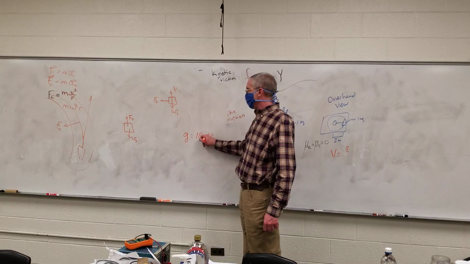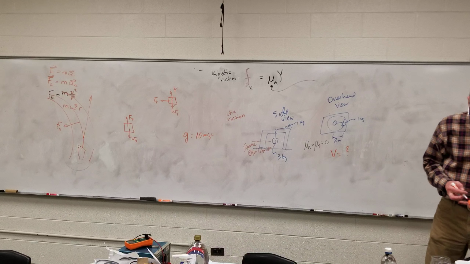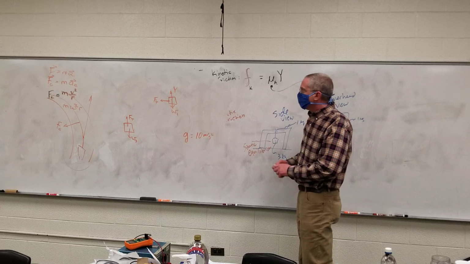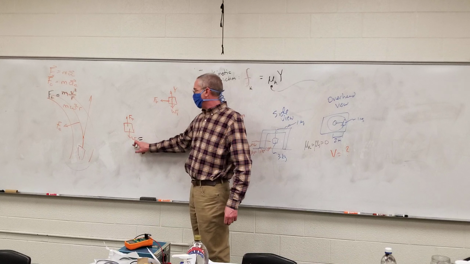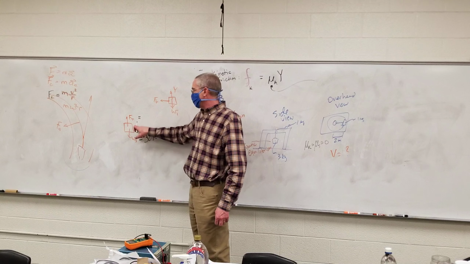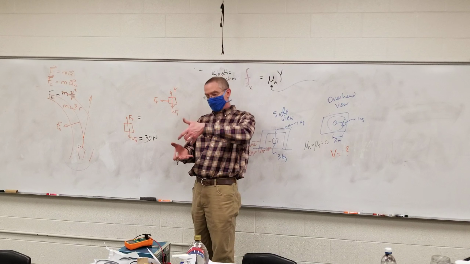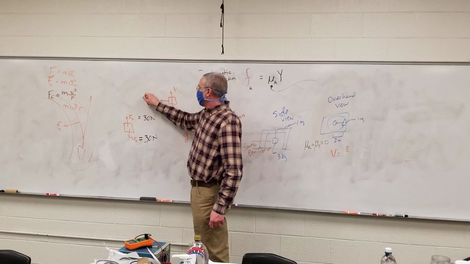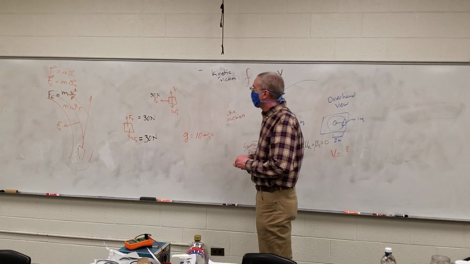We're on some strange planet where the acceleration of gravity happens to be exactly 10. So from this right here, I know that the weight is equal to 30 newtons. Therefore, the tension here, since this is in static equilibrium, the forces balance out. Force up equals force down. So that also has to be 30 newtons. It's the same rope, same tension.